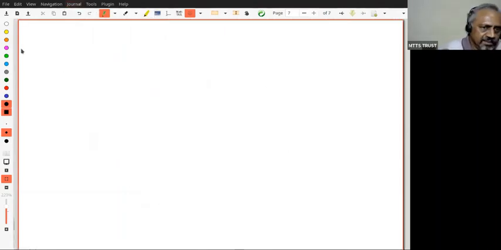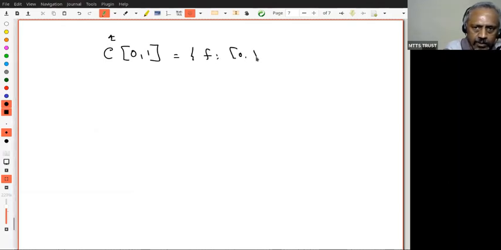And another thing you might have seen is, suppose I look at all differentiable functions on 0, 1. This is a notation, C1, f from 0, 1 to R. If you do not know these things, let me stick to an easier one.